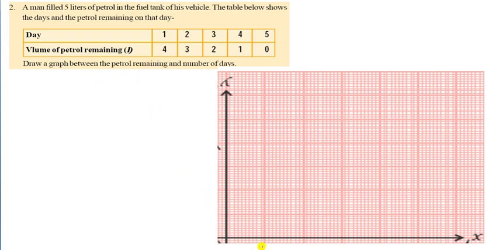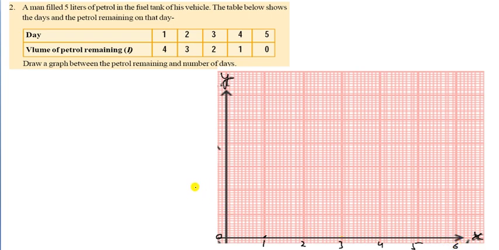So here is days. So you can write this is the x-axis. It is your x-axis and this one is your y-axis. So you have to write here, it is 0, 1, 2, 3, and 4, and 5, and here is 6.